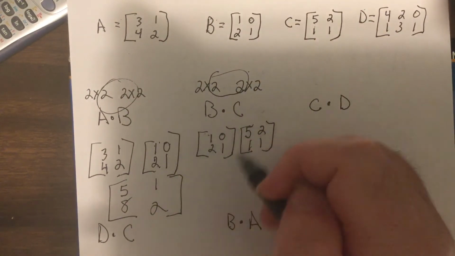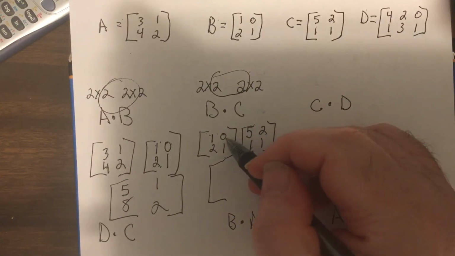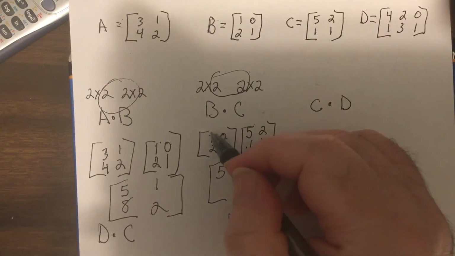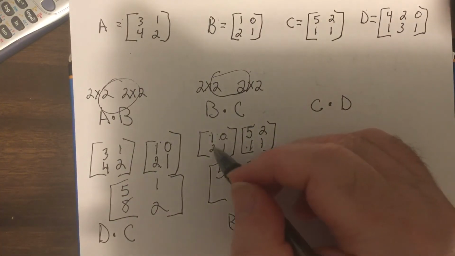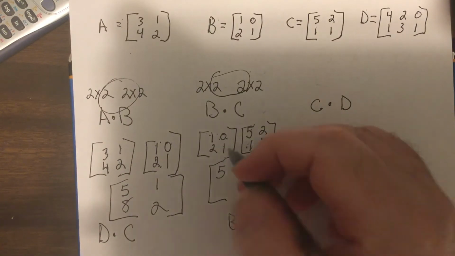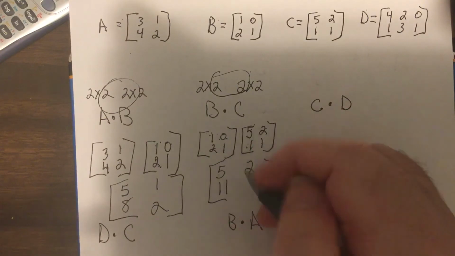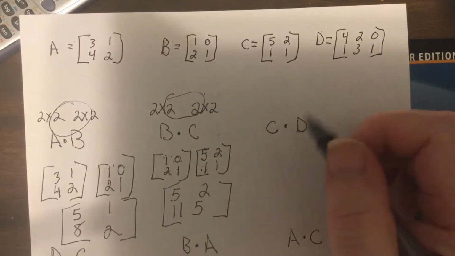So 1 times 5 is 5. 0 times 1 is 0. 5 plus 0 is 5. 1 times 2 is 2, plus 0 is 2. 2 times 5 is 10. 1 and 1 is 1. That's 11. 2 times 2 is 4, plus 1 is 5. Woohoo!